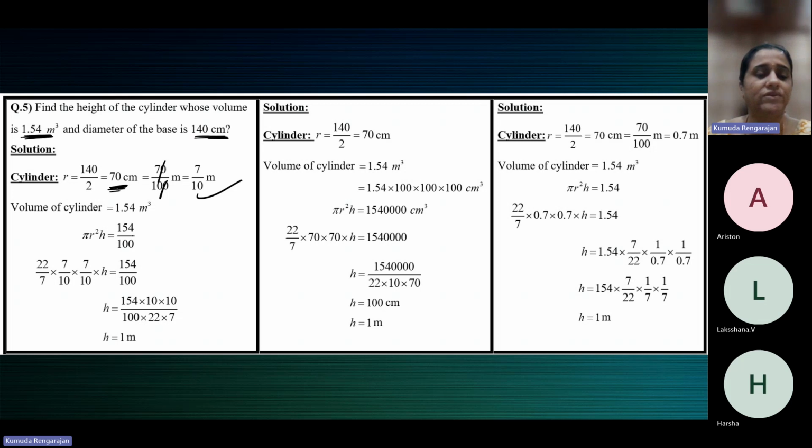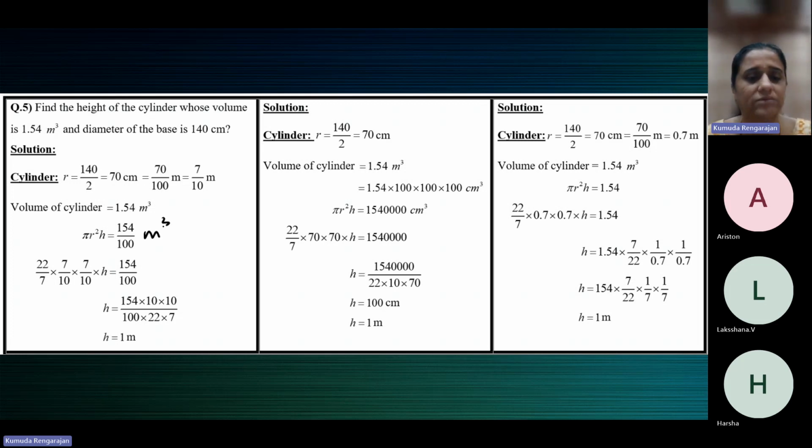Now here, what is this 154 by 100? This is not converting meter cube to centimeter cube. No, I'm just shifting the decimal point. Like 0.7 is nothing but 7 by 10, we're just moving the decimal point.